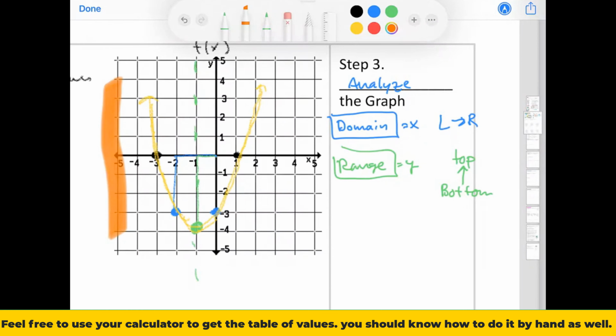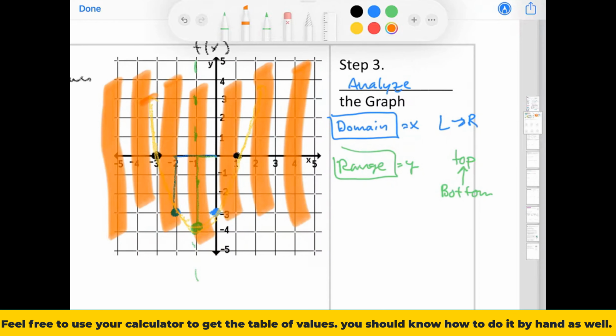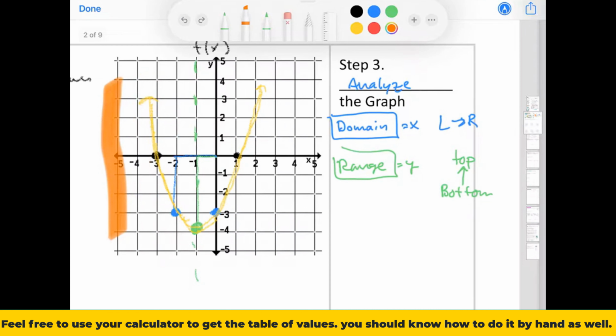Are there x values over here? The answer is yes. The reason why is that arrow will keep making the graph go up. So there are values there. Yes, yes, yes, yes, yes. Even over here, there are x values, or the graph is there, because the arrow is going up. So basically you can pick what? All numbers.